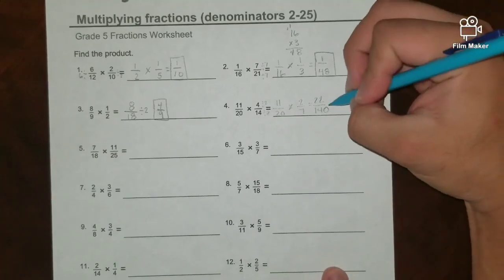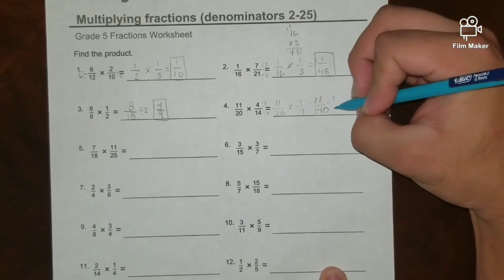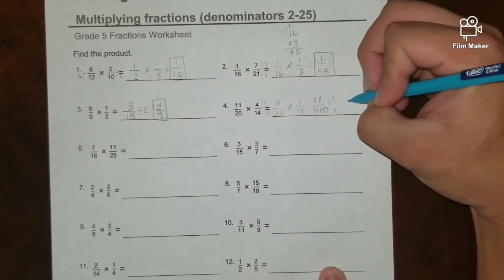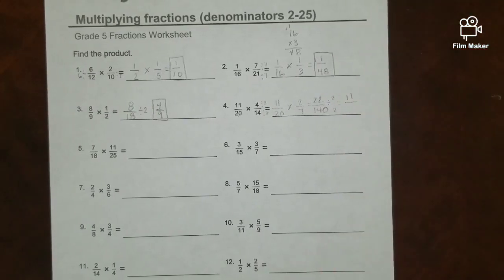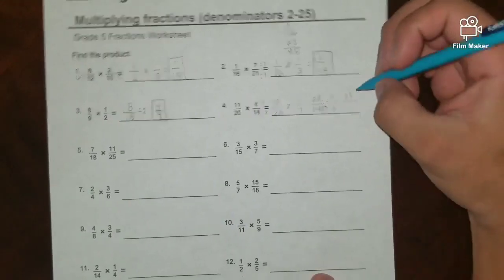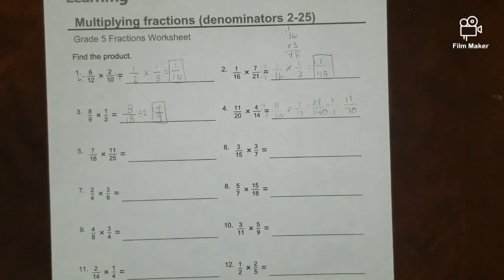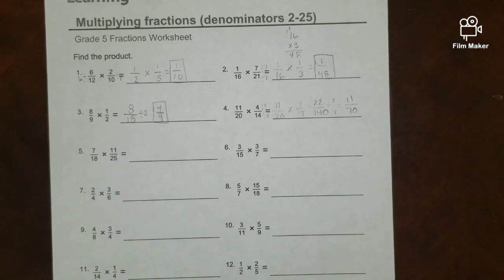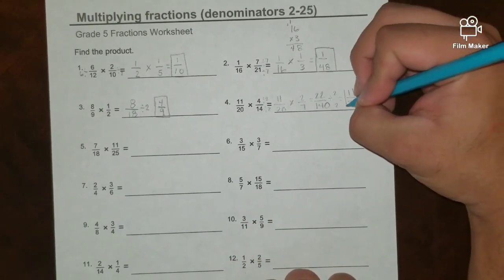If we took out a 2, our new answer would be 11, because 22 divided by 2 is 11. And 140 divided by 2 would give us 70. And that would be our final answer, since the fraction cannot be reduced any further: 11 over 70.